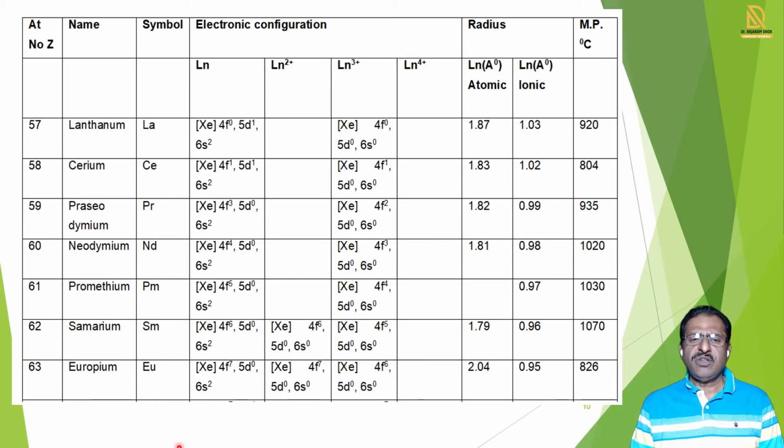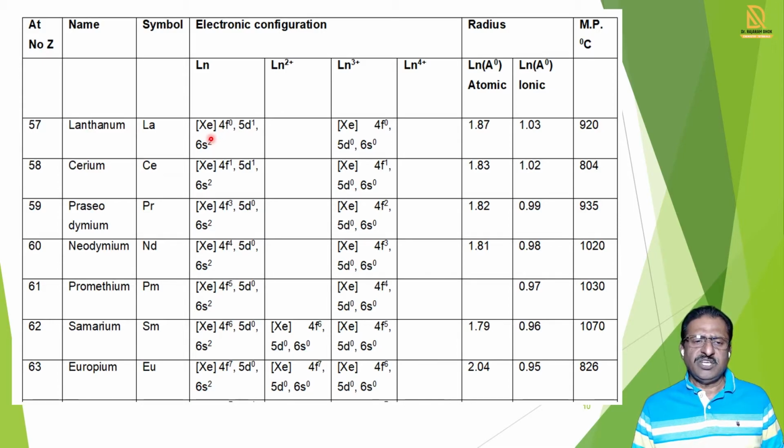Now we see the electronic configuration. Writing the electronic configuration is a systematic process. Instead of writing 1s2, 2s2, and so on, we write the previous inert gas. The previous inert gas before the 6th shell is xenon, and up to xenon the electrons are completely filled.